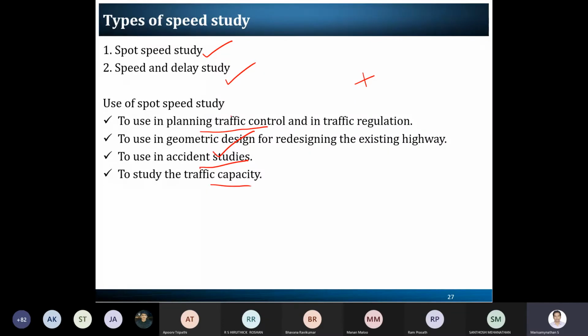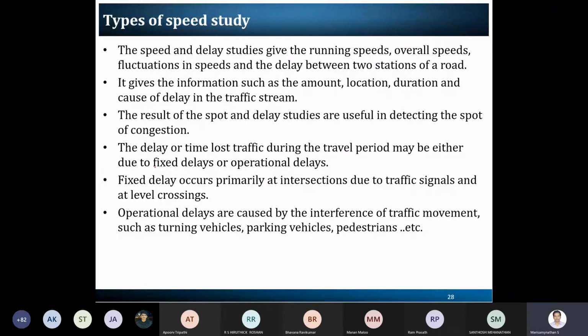All the practically implemented studies can be clarified and understood with respect to the outcome of the spot speed study. Then delay studies can also be conducted, where we study how signalized intersections are performing, how the signal can be optimized, how to reduce the delay, and how the operations are happening.